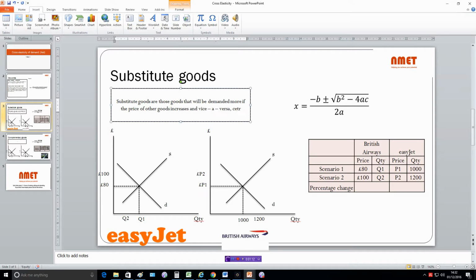And I could literally put ceteris paribus here as well. Okay.